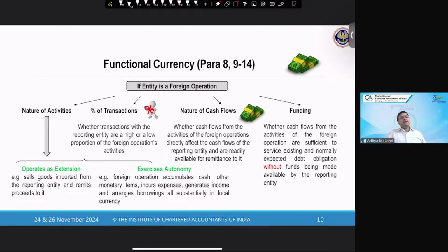They cannot work independently, because ultimately SBI is answerable to RBI, and RBI has its own set of stringent regulations on SBI. So SBI branches outside India will ultimately have a very strict regulatory control, a very strict operational control delivered by SBI India.